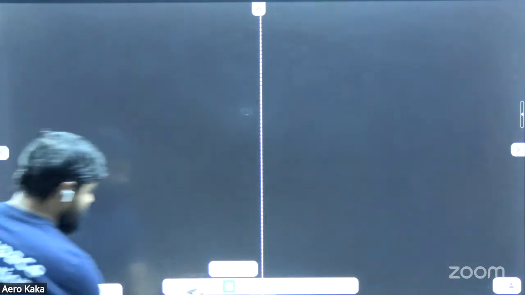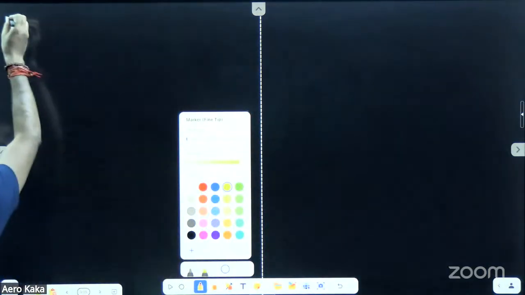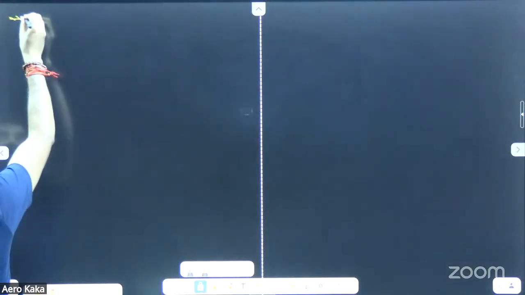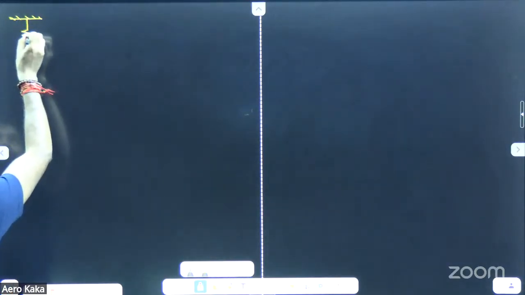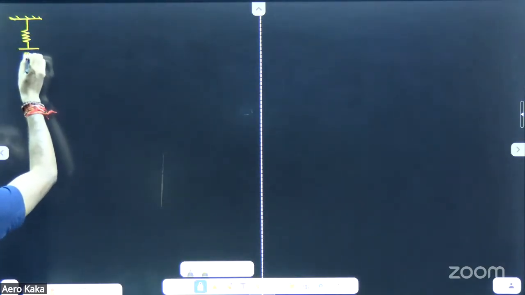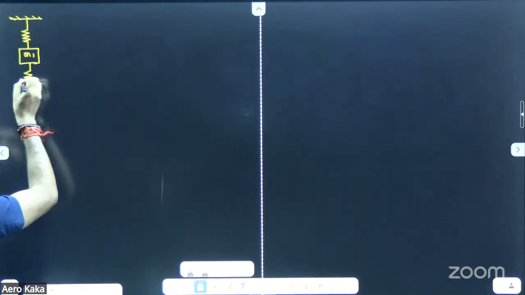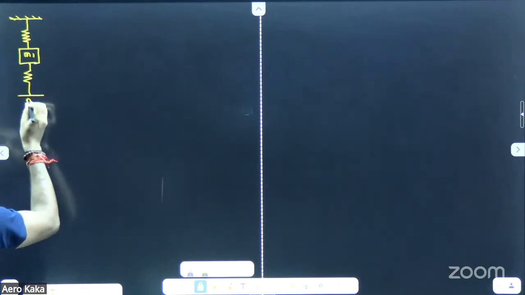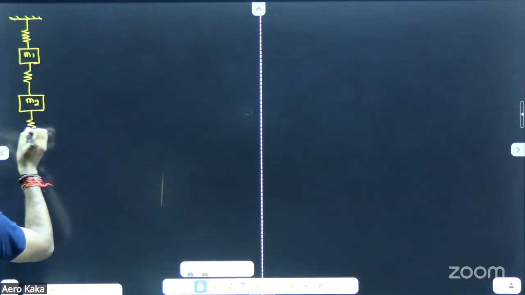Let's consider any system something like this. Let's say we have two masses connected in this fashion. Let's say this is mass M1, and this is mass M2. There is one more spring.